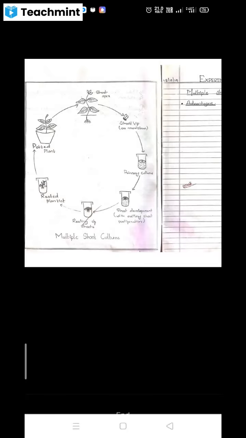These pots we can, first of all, harden at the laboratory, then slowly these plant pots should be transferred into the greenhouse, and after the acclimatization of this plant, we can grow these plants in the natural condition. So this is the normal tissue culture process.